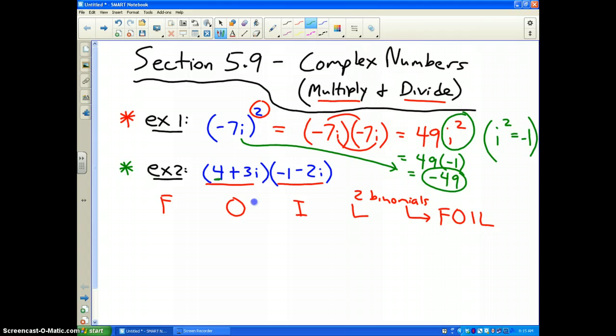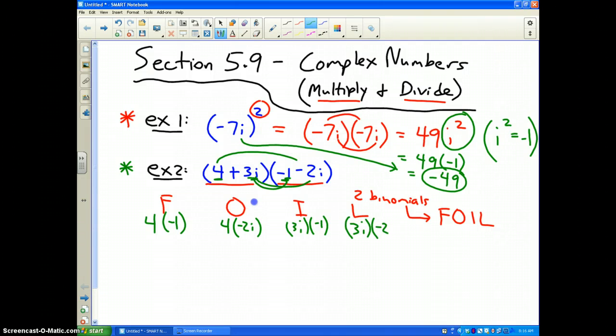The first terms are 4 times negative 1. The outsides are 4 times negative 2i. The insides are 3i times negative 1. And then the last terms are the two imaginary parts. That's 3i times negative 2i.